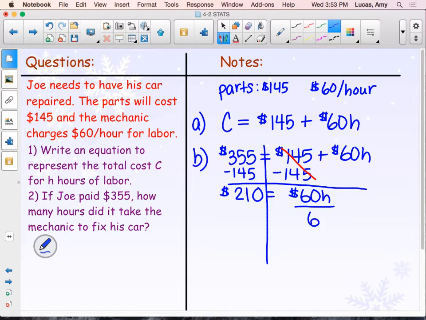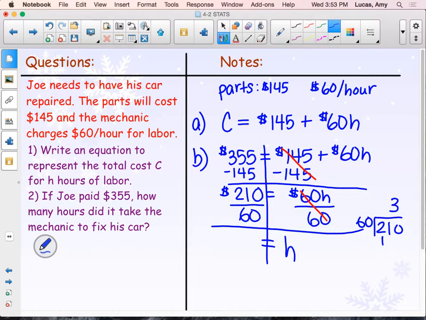So if I divide by 60 on both sides, 210 divided by 60, 60 times 3 is 180. 60 times 5 is 300. So 3.5 hours is how long it took the mechanic to fix his car.